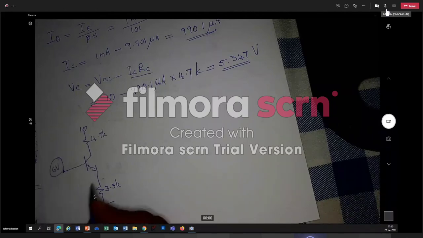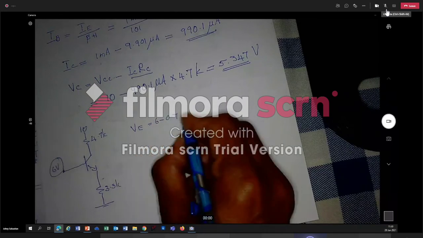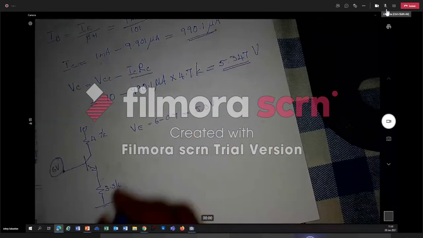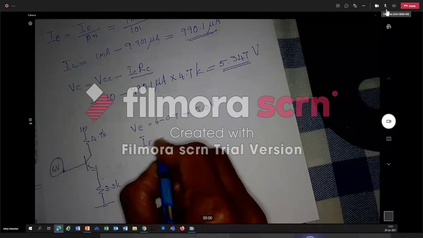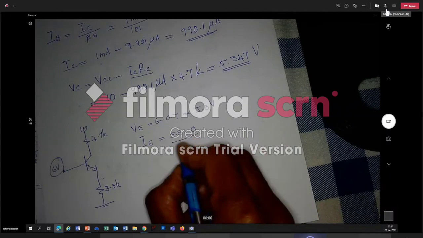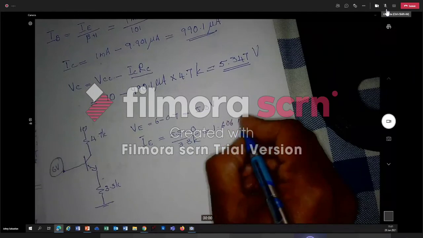First, voltage at the emitter is 6 minus 0.7 equals 5.3 volt. Next step, emitter current is 5.3 minus 0 divided by 3.3K. You get 1.606 milliampere.